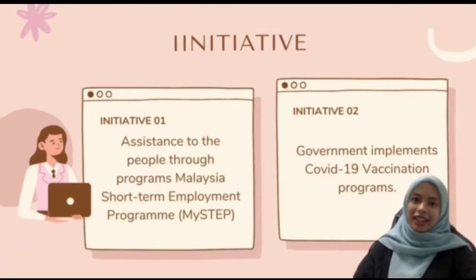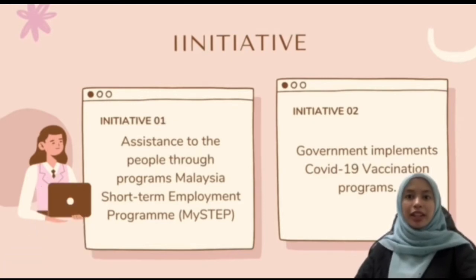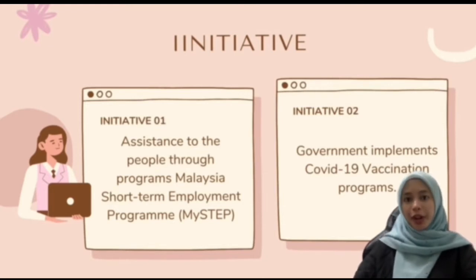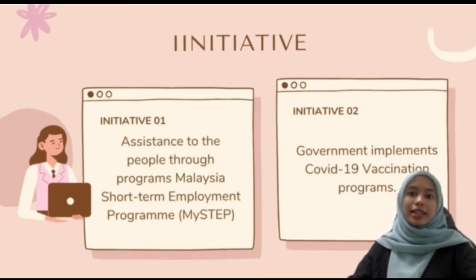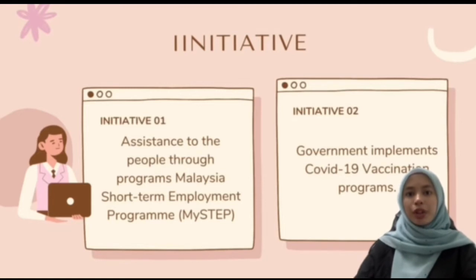The initiative to implement the COVID-19 vaccination program. The government has signed 3 agreements with vaccine companies and is expected to receive the first supply of vaccine by the end of the month.